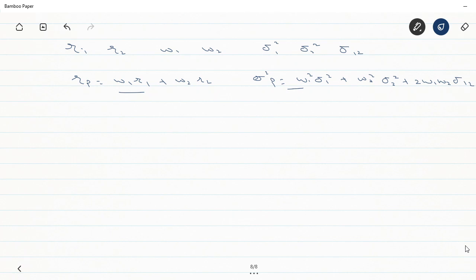Generalizing it to n assets, we can represent the n asset portfolio return as summation Wi Ri, and portfolio variance as summation Wi Wj sigma ij. This is portfolio variance. So in order to get the whole thing done, we will use matrices to solve the whole situation.